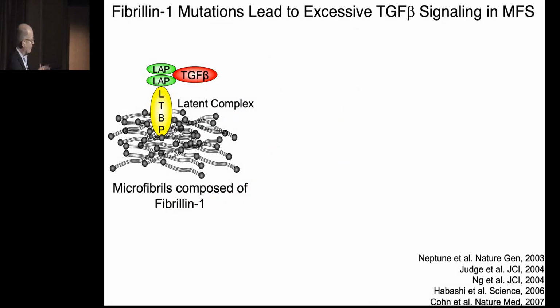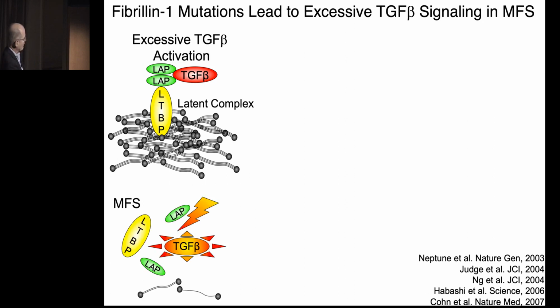Now, in a large body of work performed by my lab and others, it was indeed confirmed that the large latent complex of TGF-beta directly interacts with fibrillin-1 due to a biochemical association between LTBPs and fibrillins. In the microfibrillar deficiency state, as in Marfan syndrome, there's inadequate matrix sequestration of latent TGF-beta.